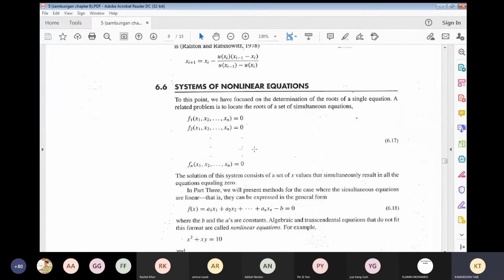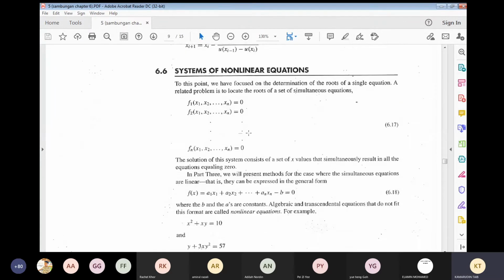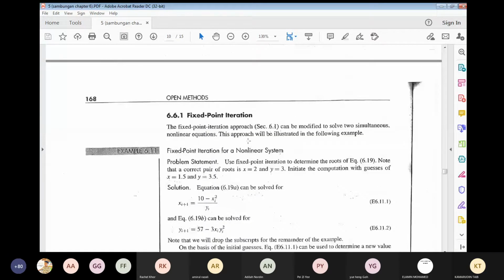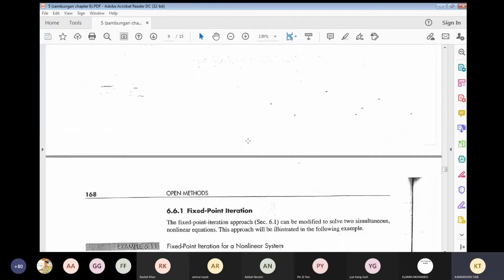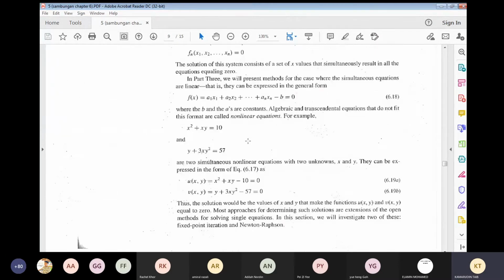Now look at the system of nonlinear equations. For example, x squared plus xy equals 10, and y plus 3xy squared equals 57.